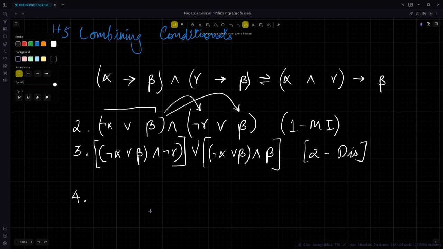This one's getting a bit crazy. So we need to get an implication back. We could do another material implication between the two brackets.